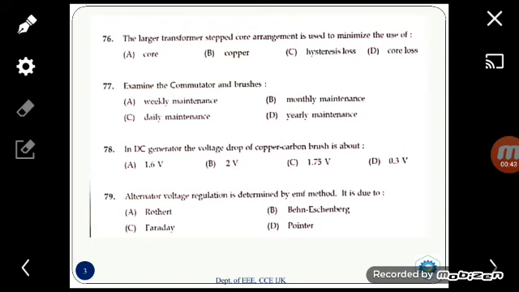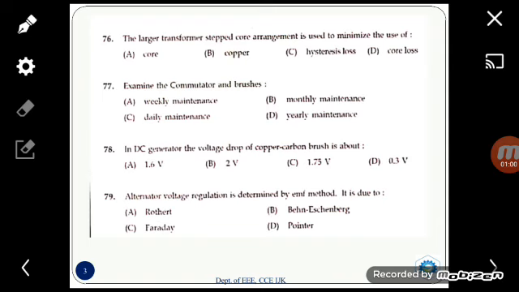The 76th question is: the large transformer stepped core arrangement is used to minimize the use of option A core, option B copper, option C hysteresis loss, option D core loss.